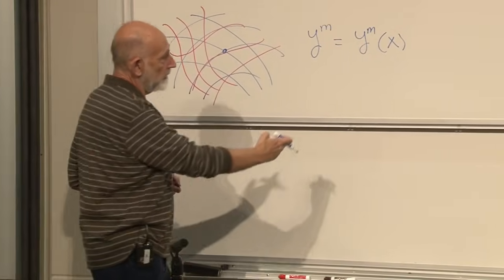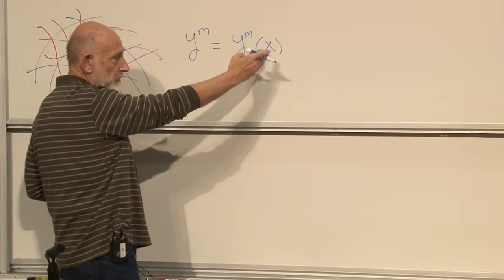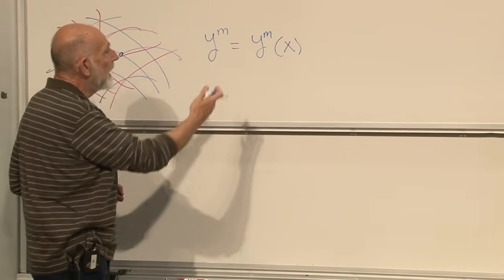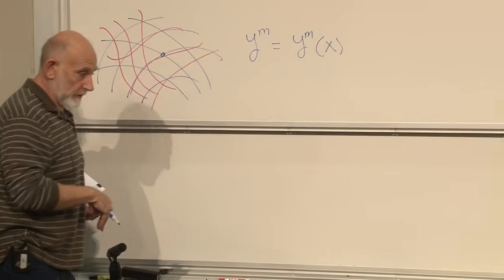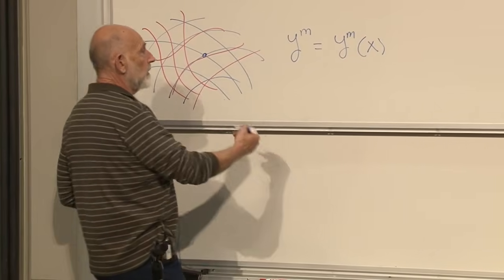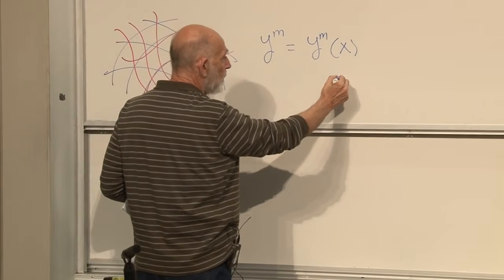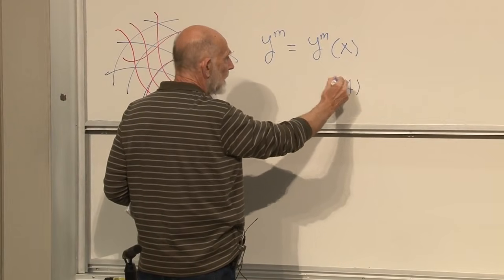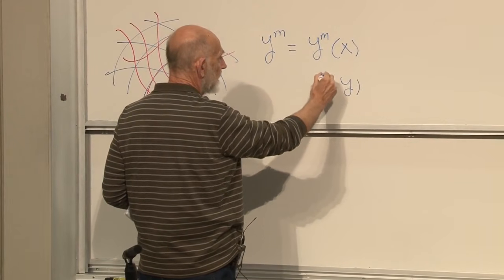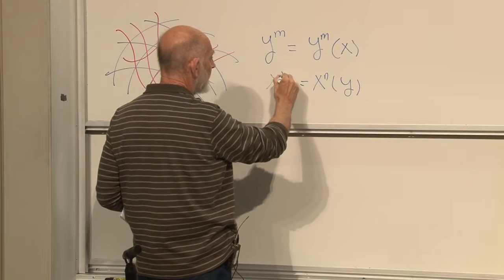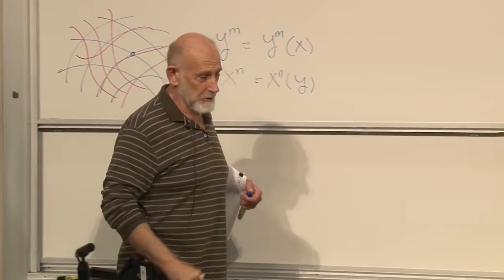This stands for now the whole set of x's, x1, x2, x3, x4, however many, and that we can invert the relationship so that if we know the value of y of a point, we can also know what its x is.